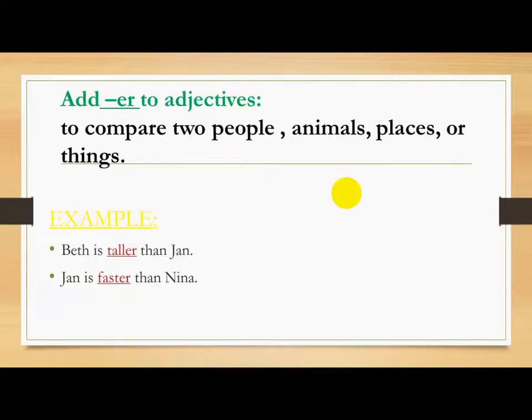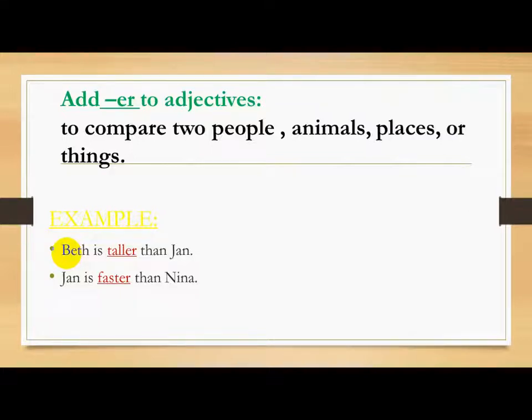What about if we add er to the adjectives? If I want to compare two people or animals, places or things, I should put er to the adjective, then the adjective will be followed by than. For example, Beth is taller than Jan. Here I'm comparing between Beth and Jan.